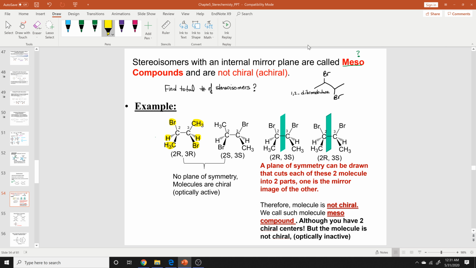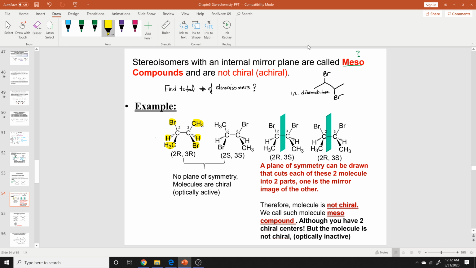See, one part is the mirror image of the other. So in that case, and in that case only, there is no need for me to have a mirror image, because the molecule has a mirror image within itself.